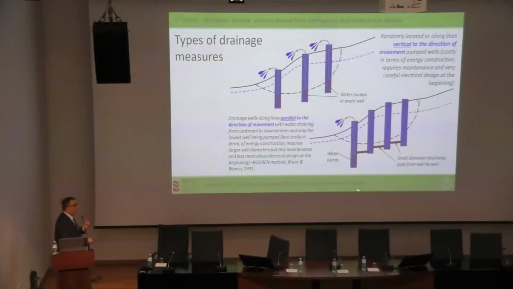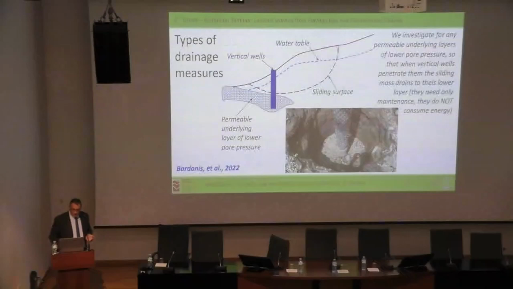And on occasion, especially for slow-moving landslides that have been affected by the erosion of their toe, we may have the opportunity to actually drain them by gravity because there is a permeable underlying layer below the landslide that the landslide, during its movement, has actually covered in its geological history. And here I have an actual photograph of a type of well.